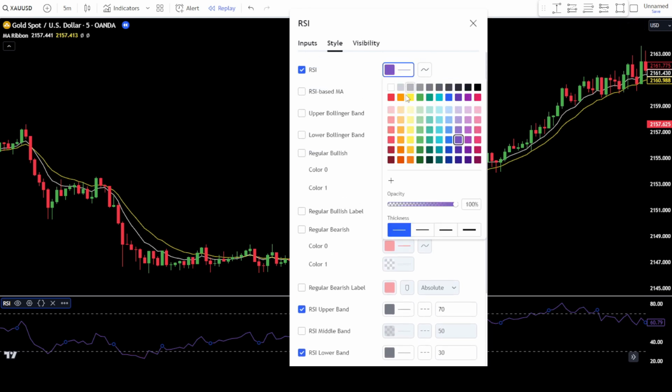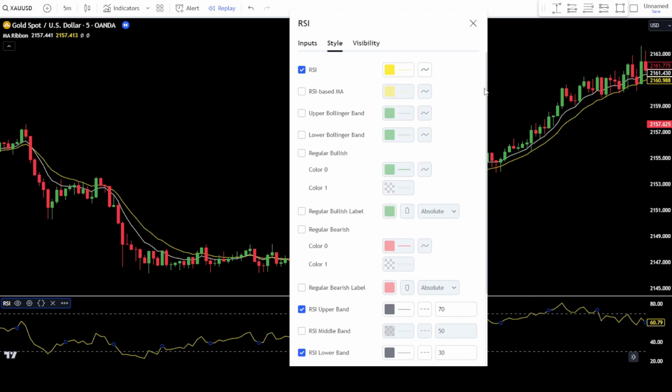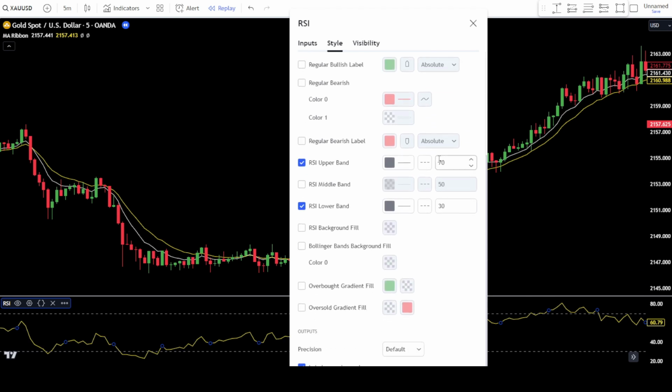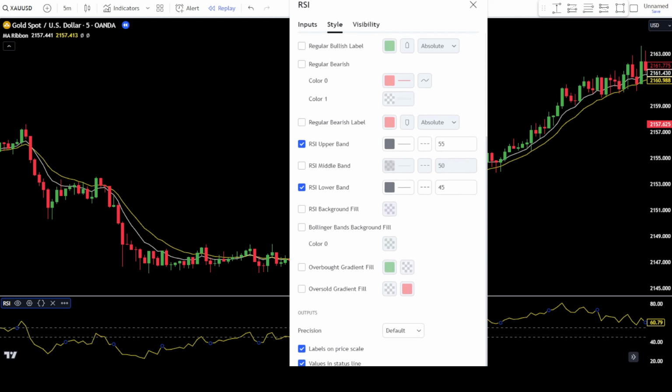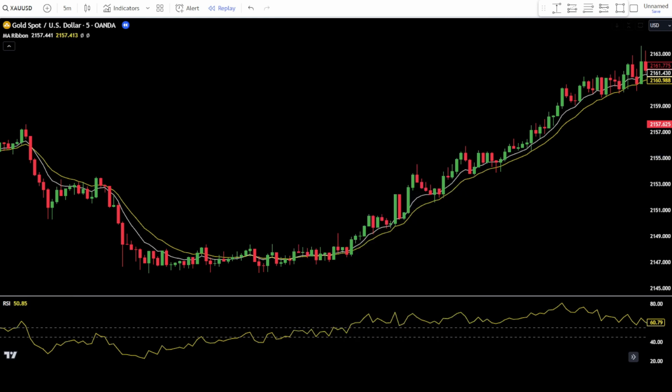Customize the RSI color according to your preference. Next, set the number for the RSI upper band to 55 and the number for the RSI lower band to 45. Once done, click OK to confirm the changes.